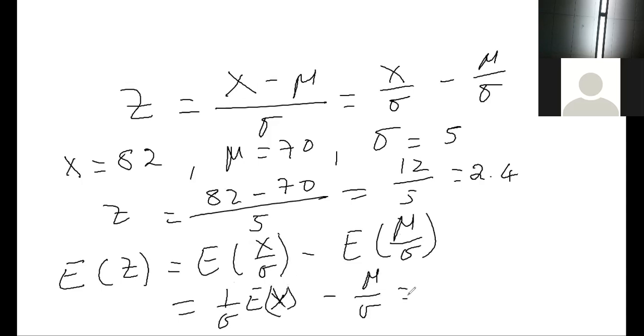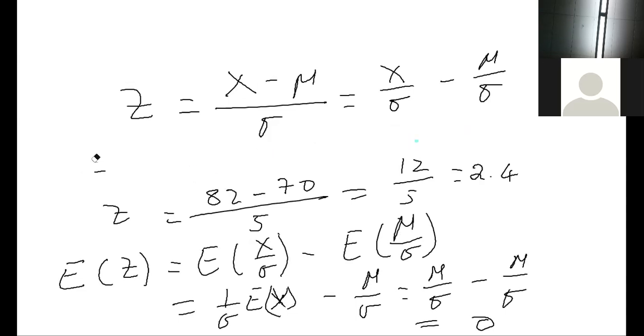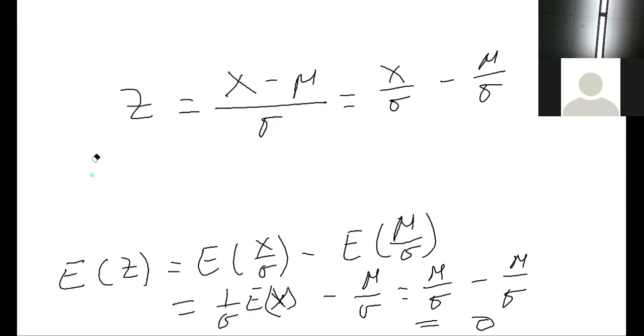We know that E of x is mu, so this is mu over sigma minus mu over sigma. What should this be? 0. So the mean of a standard score is 0. And the standard deviation of a standard score is 1.